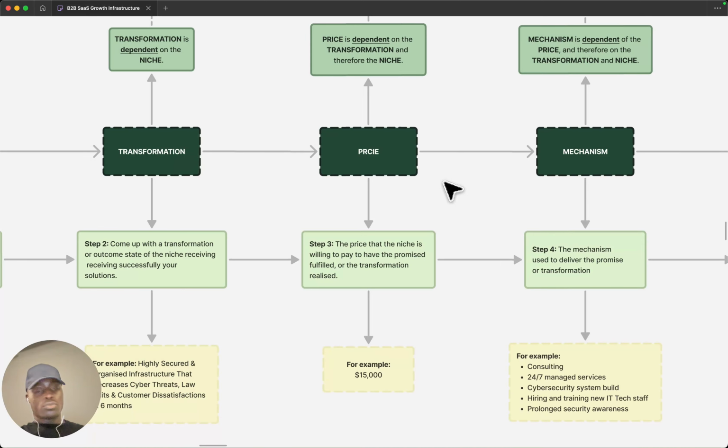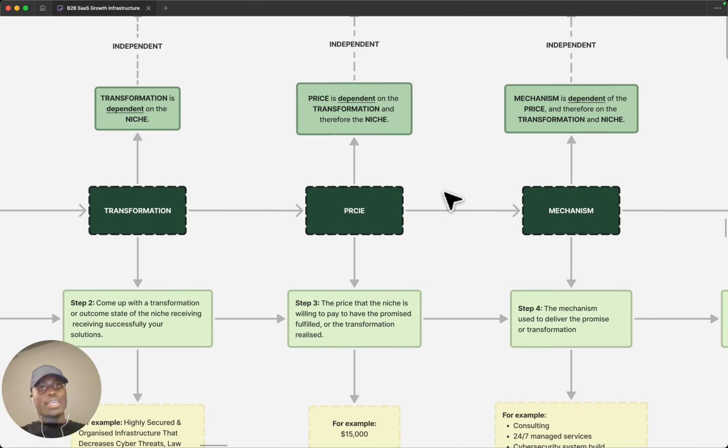For example, law firms can pay over $15,000 for this type of solution. And why is the price dependent on the niche and the transformation? First of all, you cannot get a price if you don't have a niche. You can have a niche that is not willing to pay $15,000, and a niche that is willing to pay. Second, transformation.